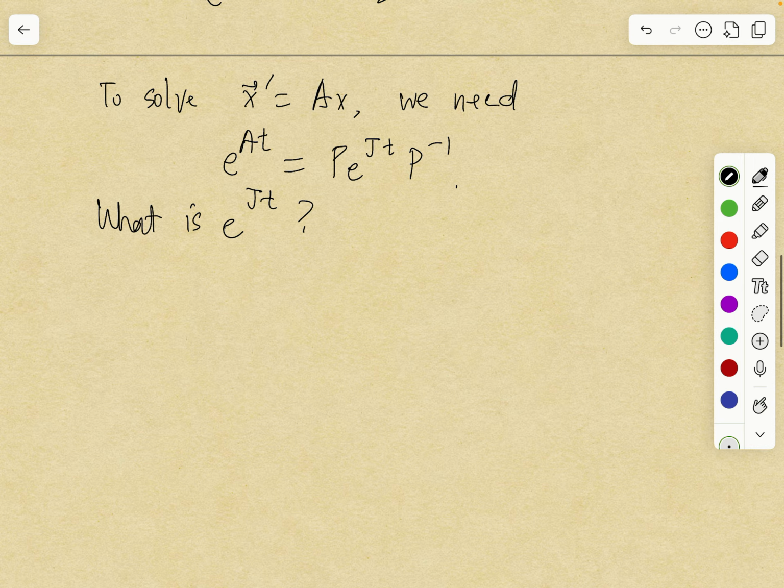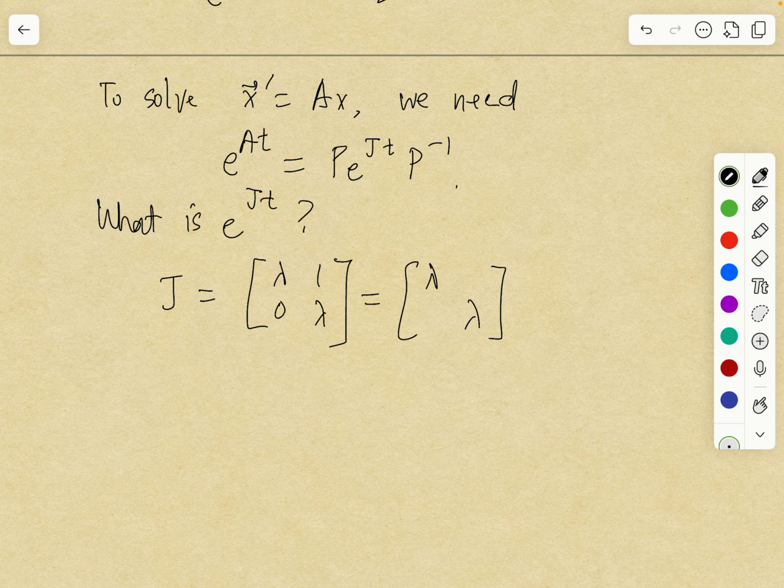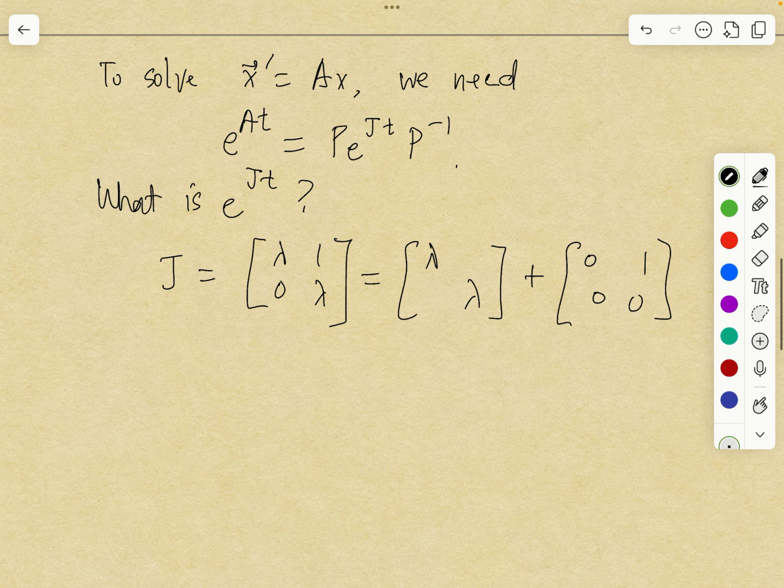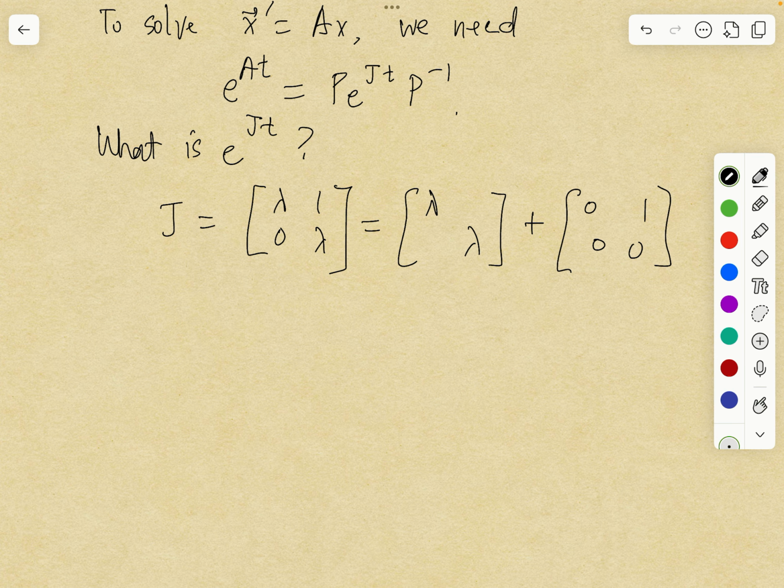So this matrix J, let me just remind you, is this 2 by 2 matrix. The trick is to write this as the diagonal matrix with lambdas on the diagonal, plus this other matrix. Let's call that D, and let's call that N. I think I did this in the previous video, but let's just do it again.